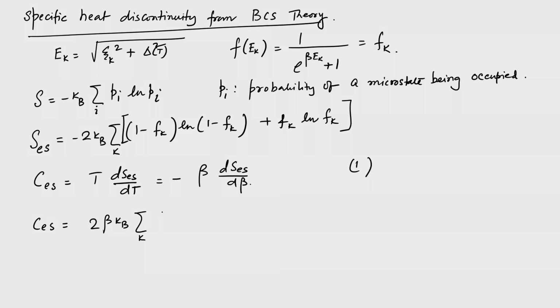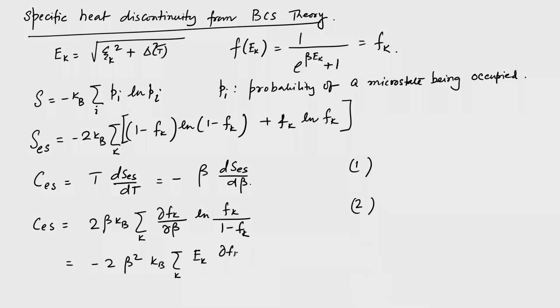And so, this is equal to a sum over k of delta f_k del beta log of f_k divided by 1 minus f_k, call it equation 2, and this is equal to nothing but minus 2 beta squared k sum over k of E_k and del f_k del beta, and so call this equation 3. Let us write it here.